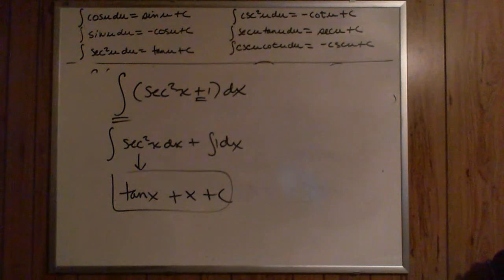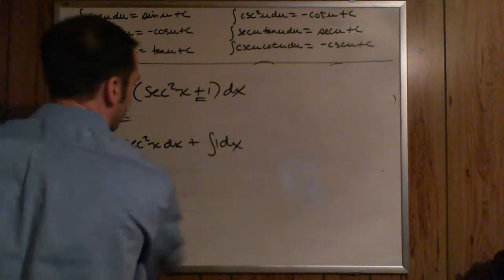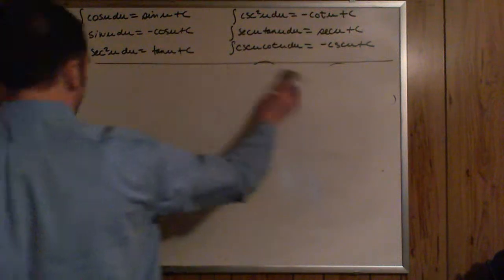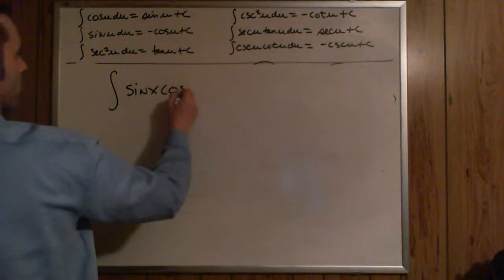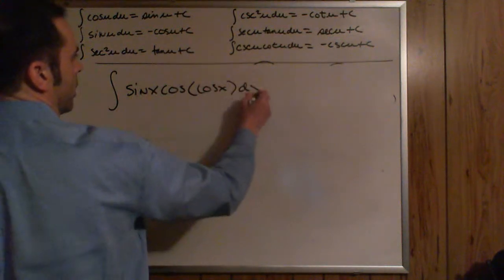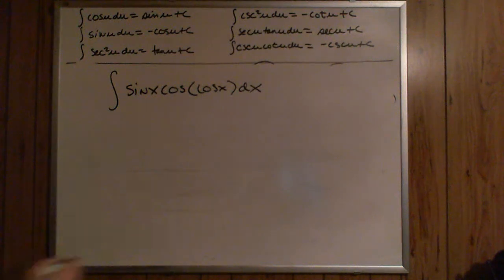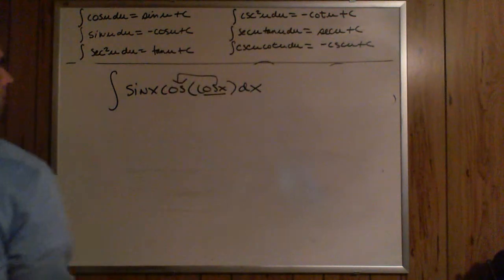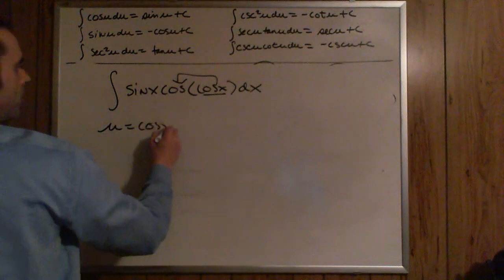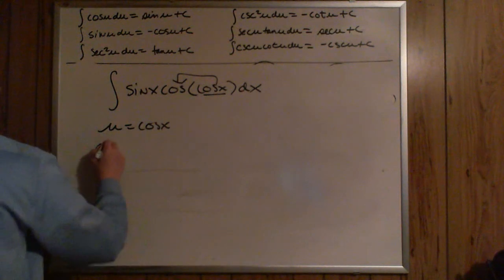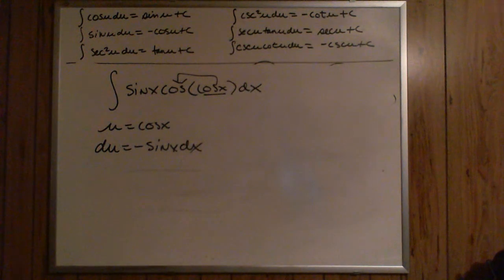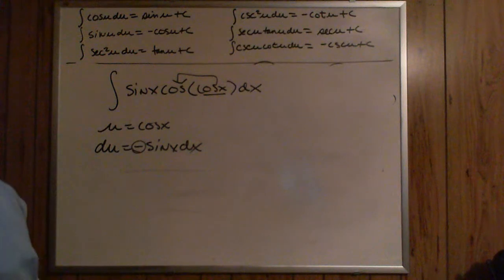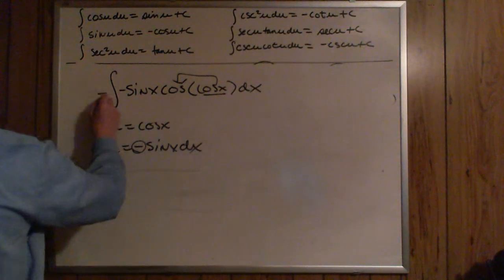Okay, and just one more then. The indefinite integral of sine x times the cosine of cosine x dx. This is the argument of this trig function. So let u be equal to the inside stuff, cosine x. The derivative of a cofunction, be careful, is a negative answer. So now I'll put in a negative and take one out.